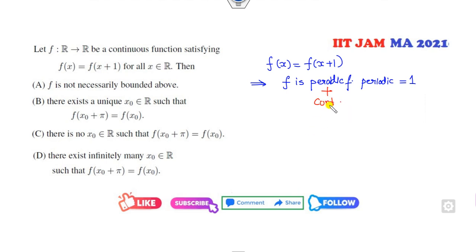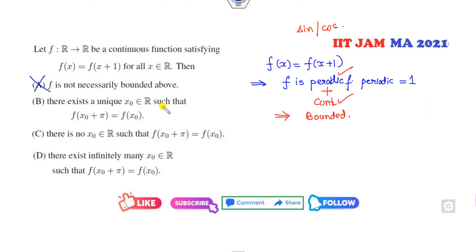So what does the property continuous plus periodic mean? Any function which is continuous and periodic, like sin x, like cos x, is always bounded. But the first option said it is not necessarily bounded.